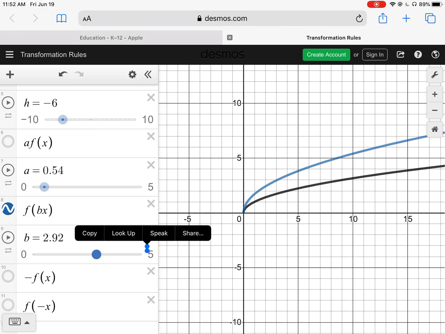It looks like it's having a vertical stretch taking place, but actually what's happening here, we're going to describe this as a horizontal compression. Okay, it's not the y coordinates that are being affected here, it's our x coordinates. And what's happening is the x coordinates are being made smaller here.